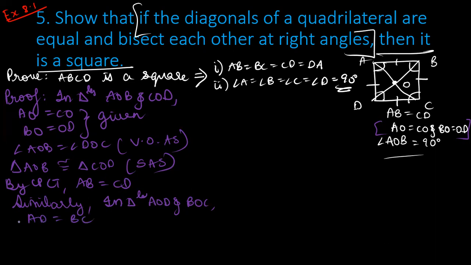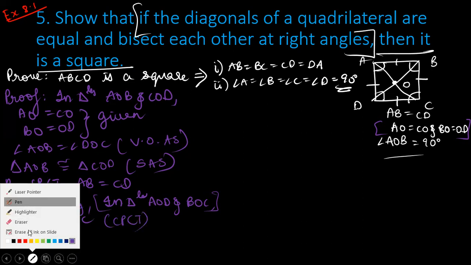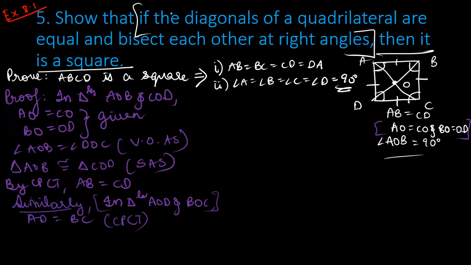Basically when I write similarly, it means I have to prove that these two triangles are congruent to each other, and then I can say by CPCT that AD is equal to BC. Clear? I hope you understood how to do it. So now I have proved that the opposite sides are equal to each other, that is AB is equal to CD and AD is equal to BC, isn't it? So now let's move on.